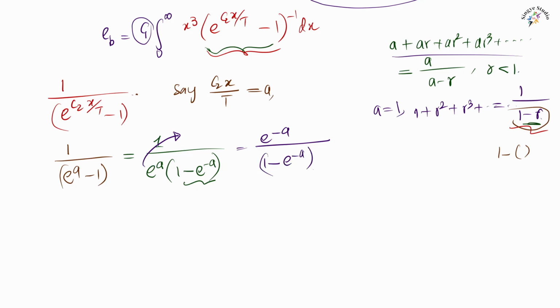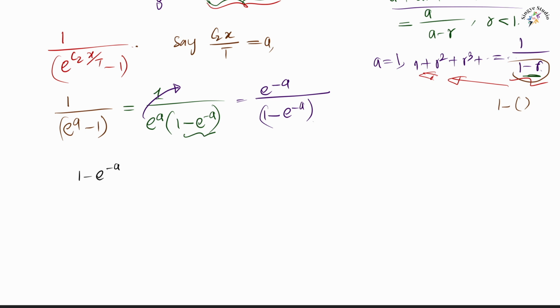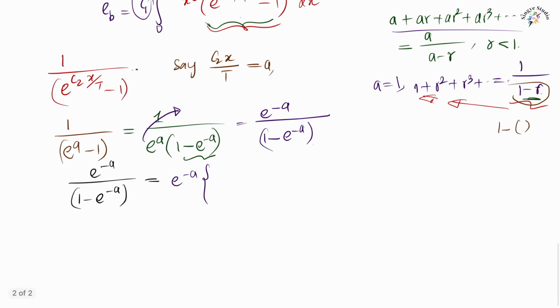Now I am ready to write down this term. By expanding this sum as the infinite geometric series, I now get 1 minus e^(-a) over e^(-a) equals e^(-a) plus e^(-2a) plus e^(-3a), and so on.